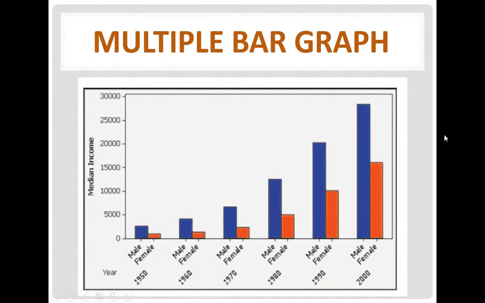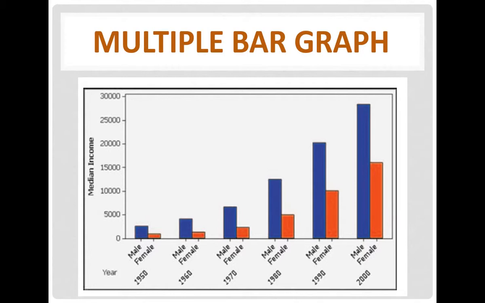And so quickly, what can you see from this particular graph? What can you say? What can you assess? Males make more than females. That apparently males since 1950, this is some old data, to at least 2000 are making more money. Okay, so again, a bar graph is a quick, easy way to be able to look and compare some of your data. Okay?